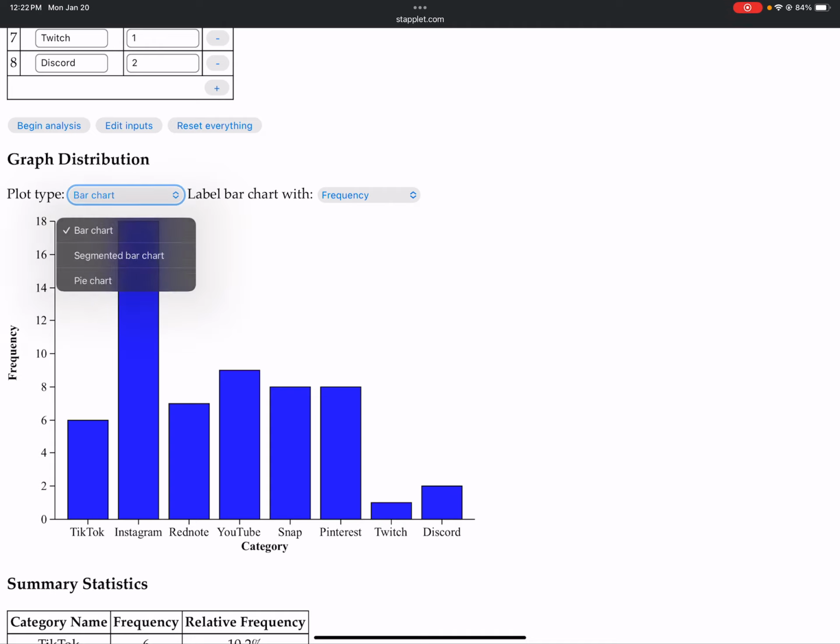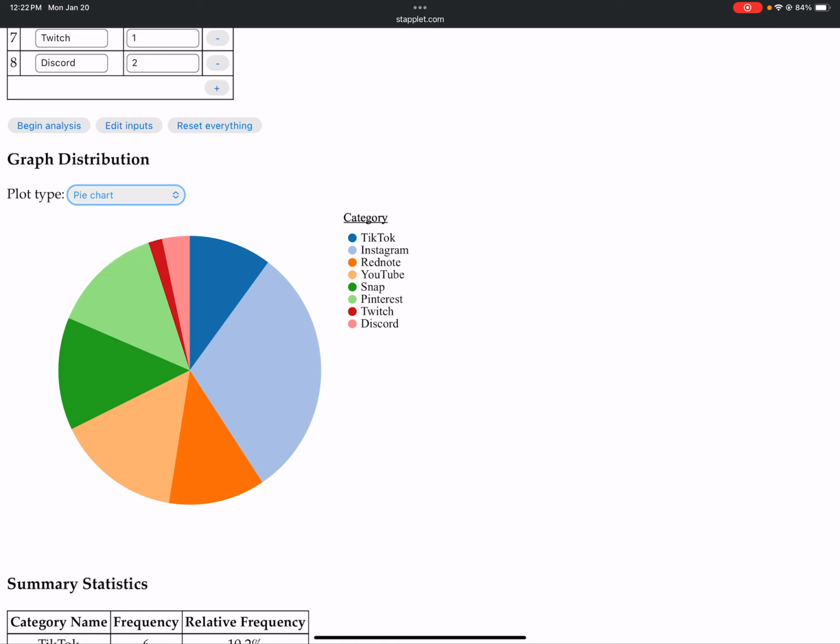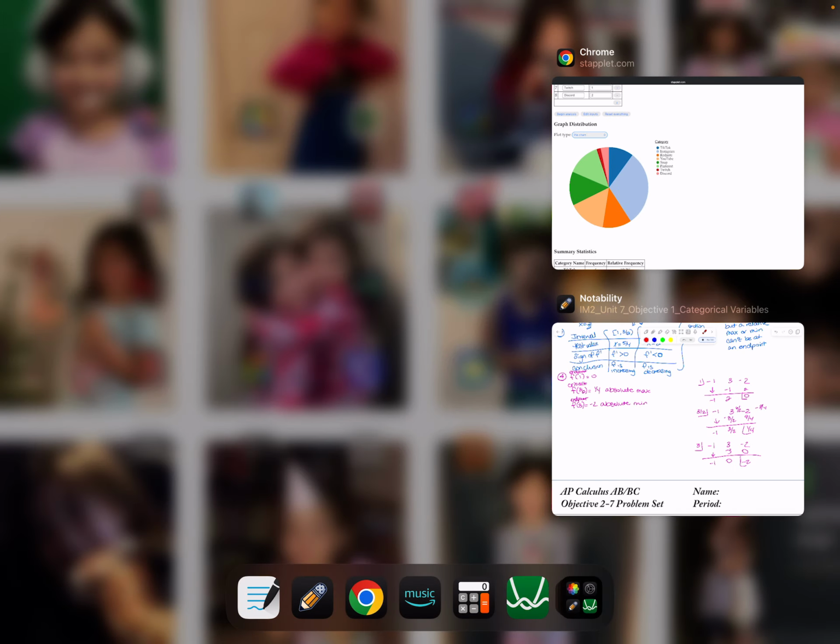Okay, then I'm going to change this to pie chart, and it gives me my pie chart. What's important about a pie chart is that you could either shade them in different colors, or one of the areas has to be little dots, and the other one has to be shaded one direction, and then one of them has to be stripes, and one of them has to be plaid, and so it gets kind of weird. Essentially you're going to want to copy this pie chart down in number 6, which is here.